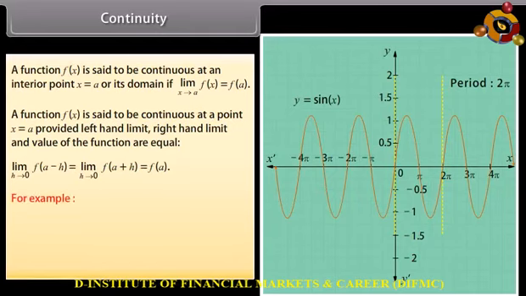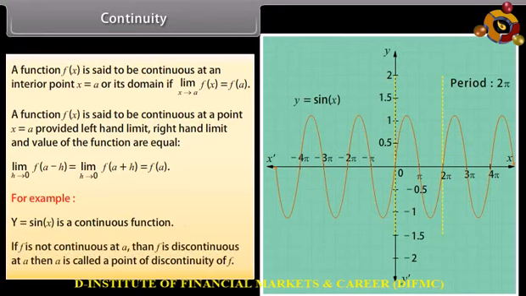For example, y = sin x is a continuous function. If f is not continuous at a, then f is discontinuous at a, and a is called a point of discontinuity of f. Example.